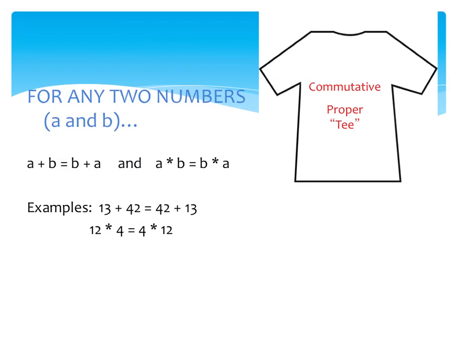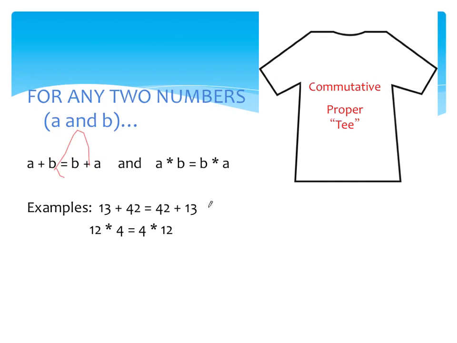Okay, here is an example of the commutative property. Notice in the commutative property that in this case we have A plus B equals B plus A. It also works for multiplication: A times B equals B times A. So it doesn't matter if we're adding 13 plus 42 or 42 plus 13, we're still going to end up with the same answer.